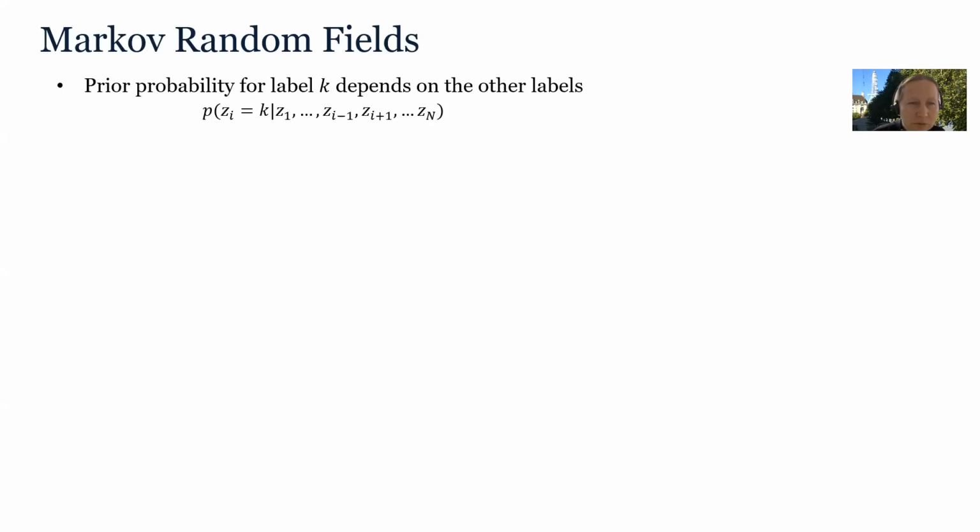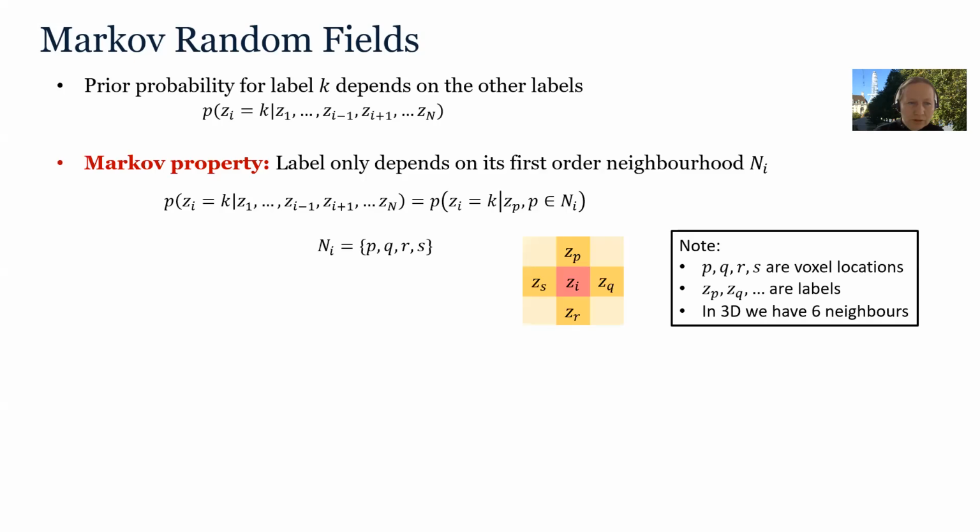We can do that through Markov random fields. We said that each label for each voxel would depend on the other labels in the image as well, but that would be too difficult to model. So we will instead require a Markov property. That means that labels will only depend on the first order neighborhood of the given pixel or voxel.